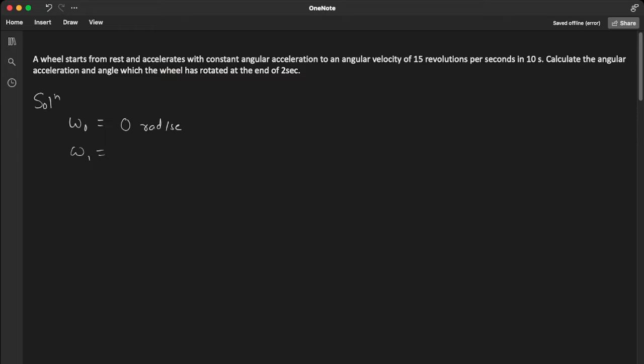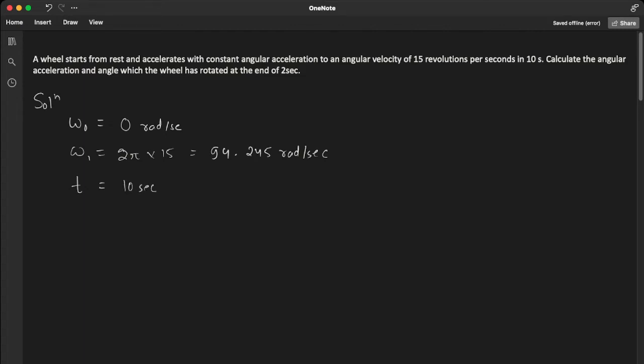We need to mention it in radian per second, so we will convert it to radian per second. Two pi into 15 is 94.245 radian per second, and the duration for the change in velocity is 10 seconds.